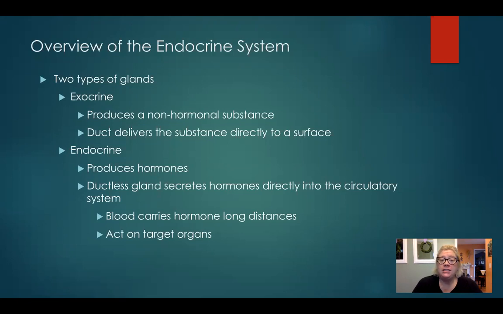For instance, our salivary glands are exocrine glands, and saliva is produced inside of them. It leaves the gland, enters a duct, and that duct ends in your oral cavity, your mouth, and that's how saliva fills your mouth when you eat.